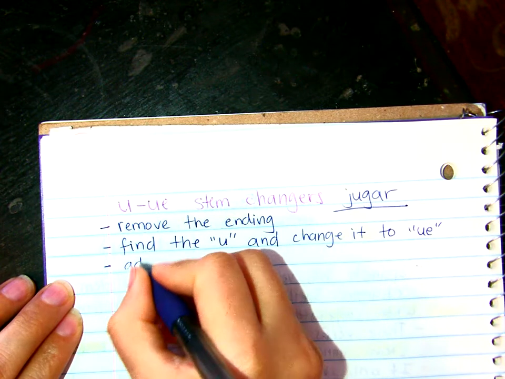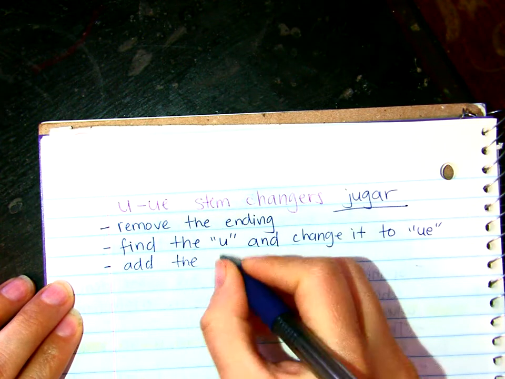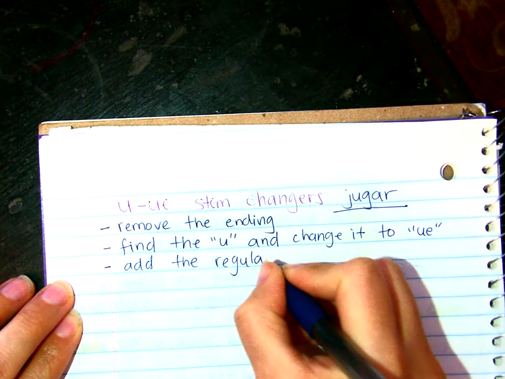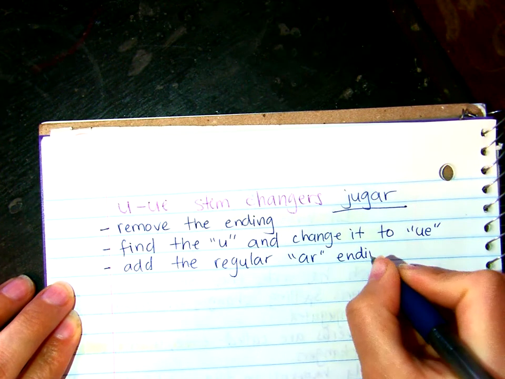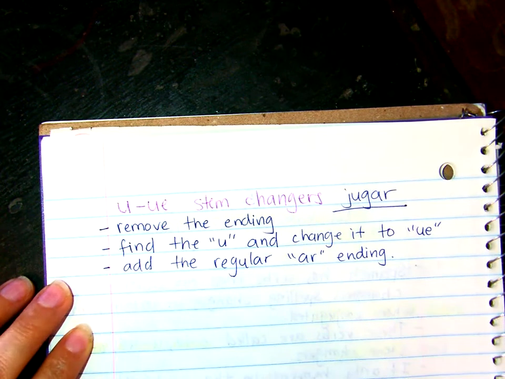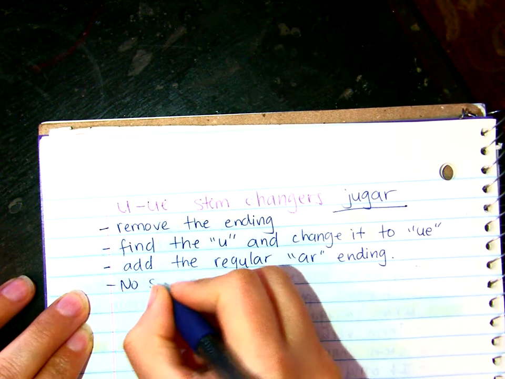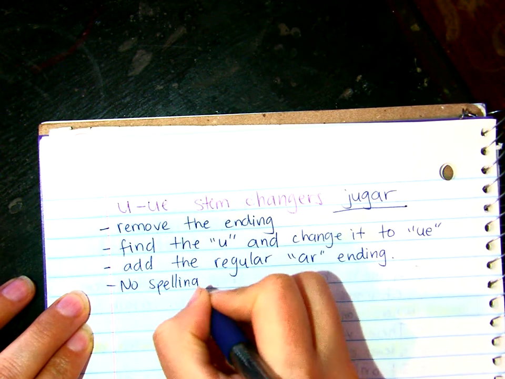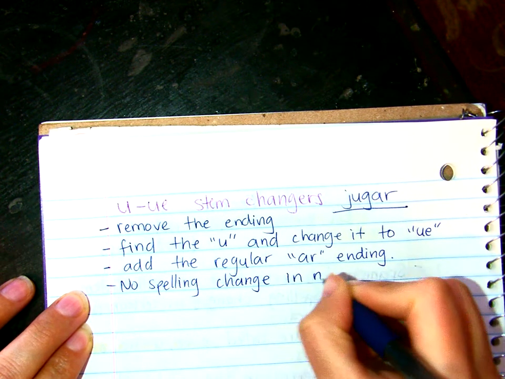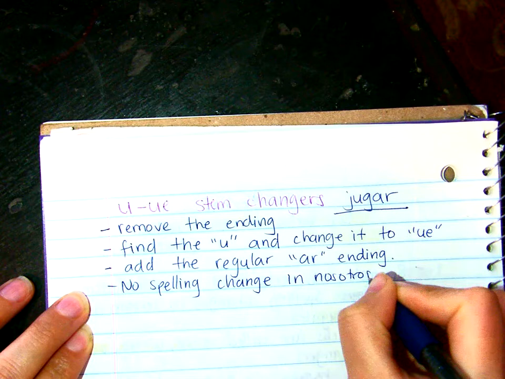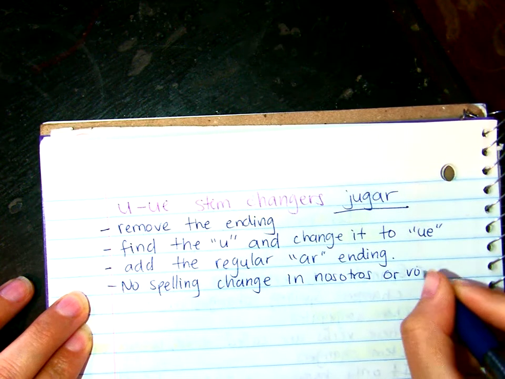Then add the regular AR ending. No spelling change in nosotros o vosotros.